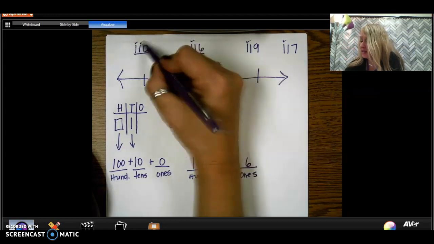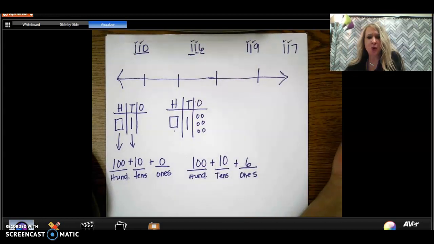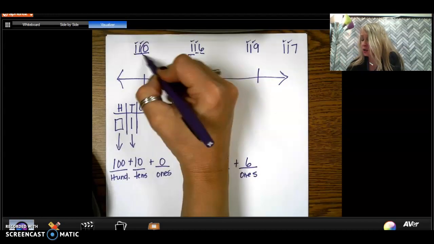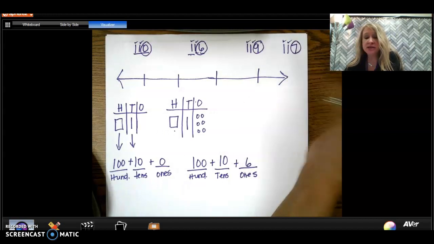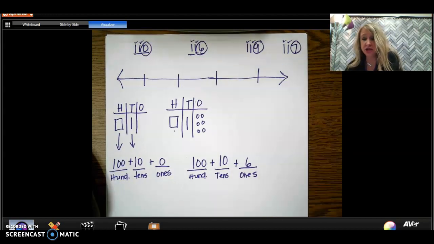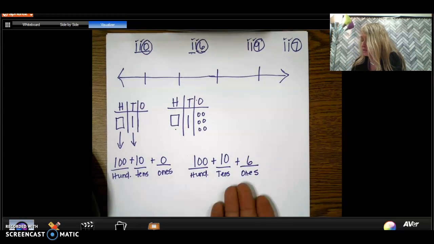They all have a 10. So what's different? What number are we going to be looking at to decide what order to put them in? You got it. The ones. We're going to be looking at the number in the ones place. When the hundreds and the tens are the same, we move to the ones. So now we have 110, 116.